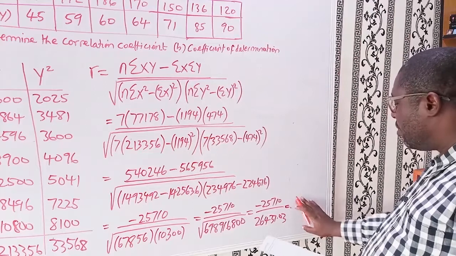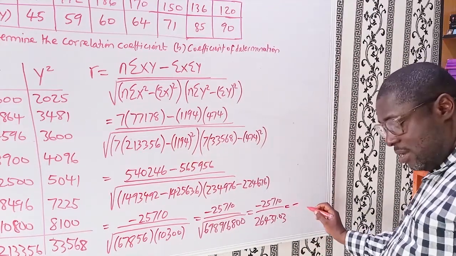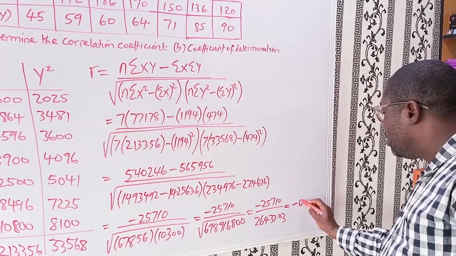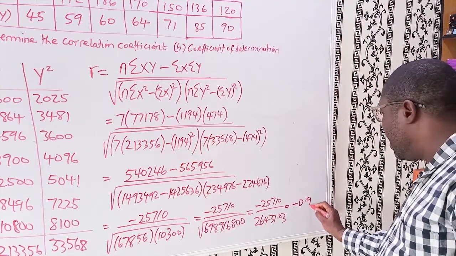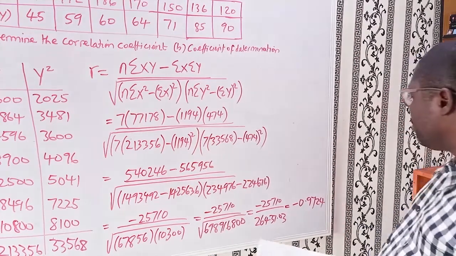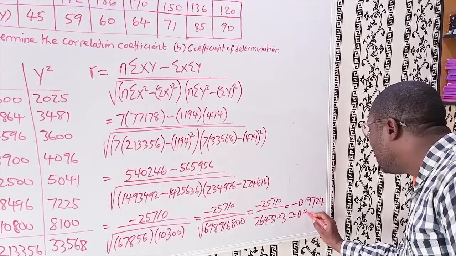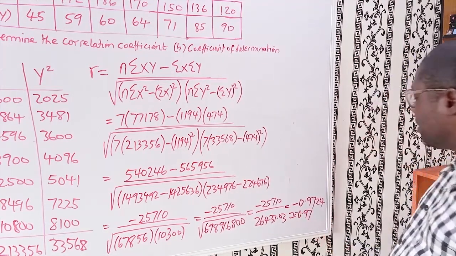Our answer for R, remember this is R, our answer will be minus 0.97, 0.19724. So this is approximately minus 0.97.